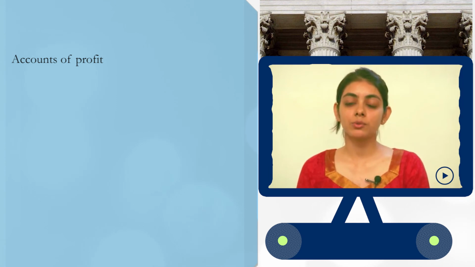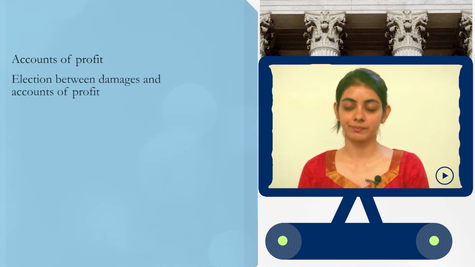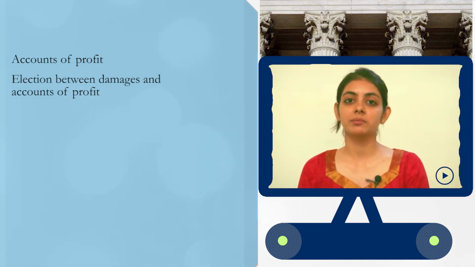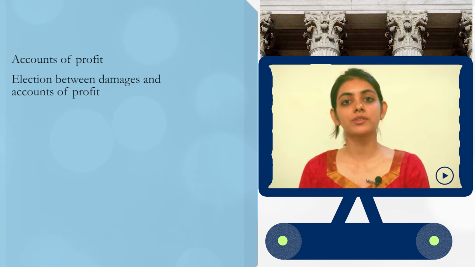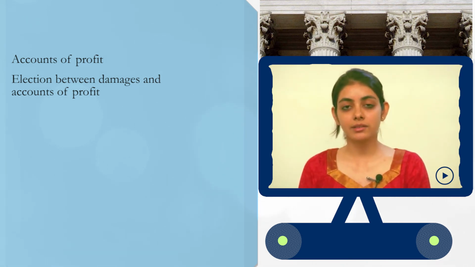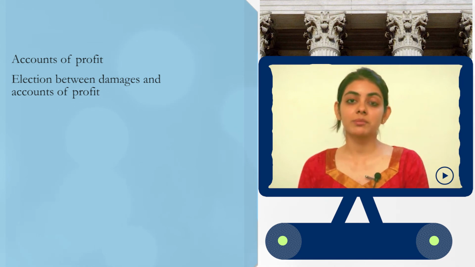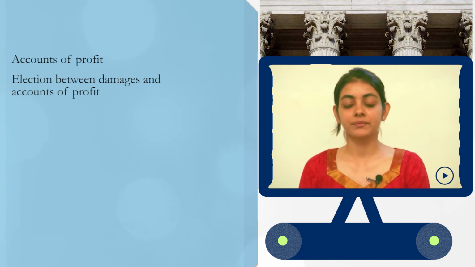Because there is a complete overlap, a plaintiff should not be entitled to recover twice the amount than what it is actually entitled to, hence the election. However, it may be noted that in some cases there may not be a complete overlap. What about loss to intangible value of a trademark that may be a result of the defendant's activities? Now, in such cases, there may not be a complete overlap between the plaintiff's loss and the defendant's profits.